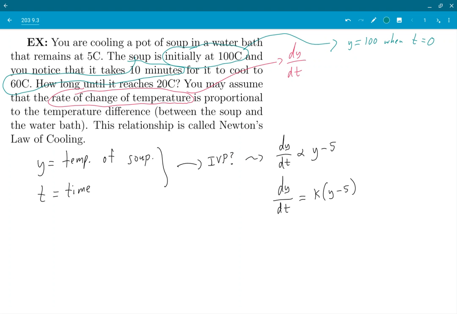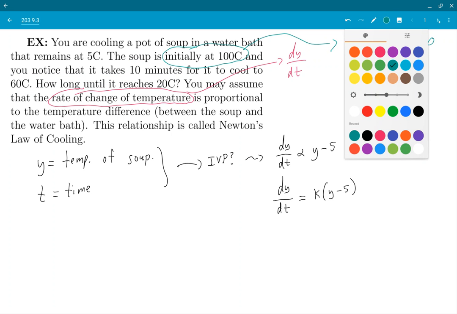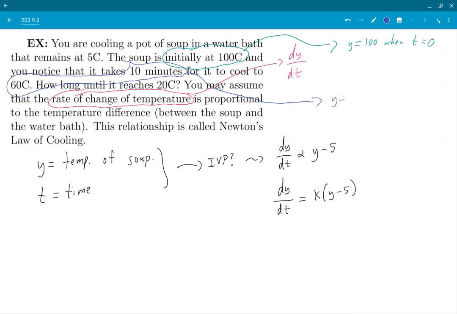After 10 minutes, it's 60. It's a different color. Blue. 10 minutes later, it's at 60. So y is 60 when t is 10.